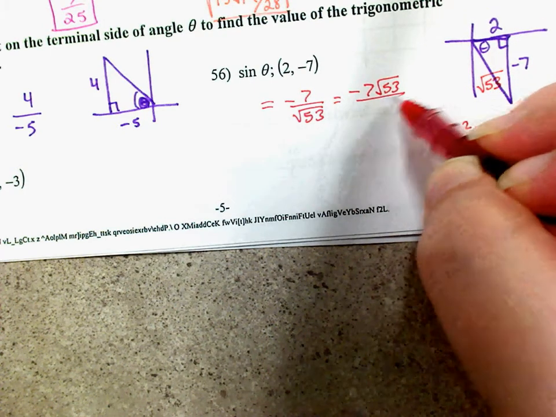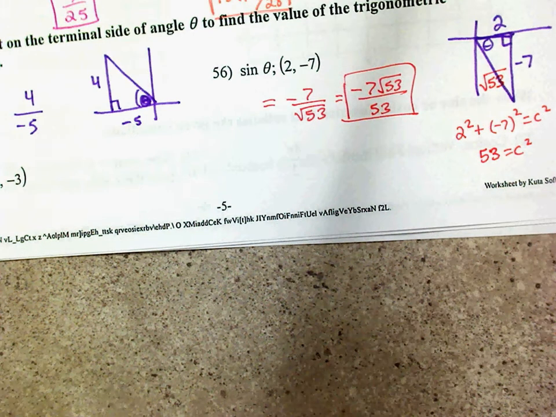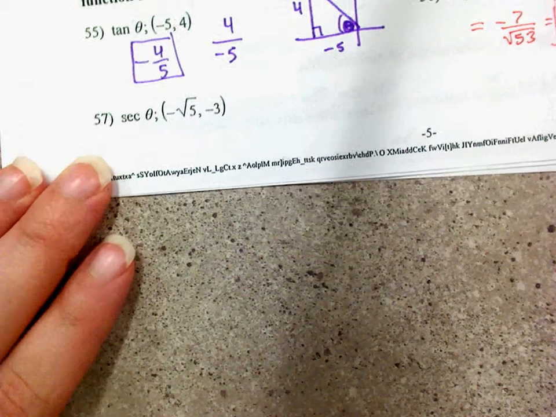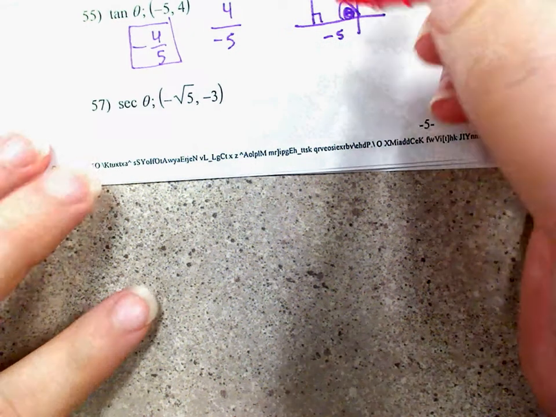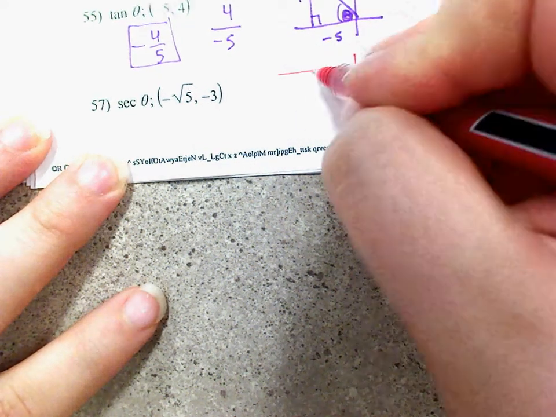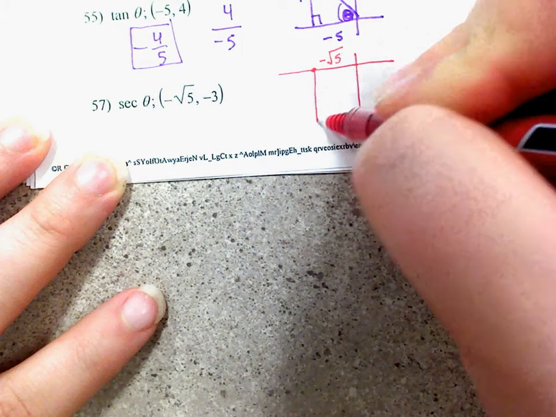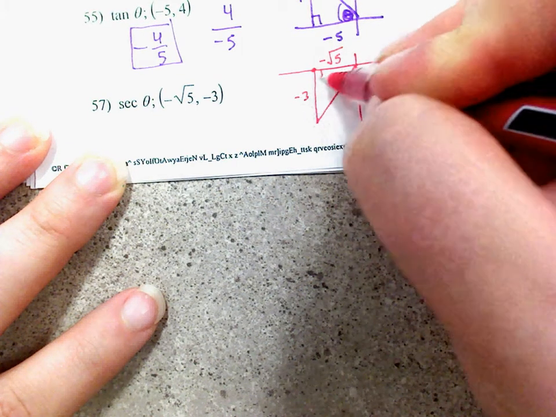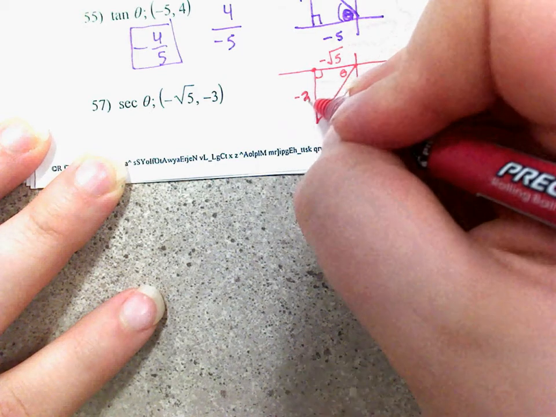Okay. Secant. What quadrant is negative square root of 5 and negative 3 in? Okay. So go left a negative square root of 5, and go down negative 3. For secant, do I need the hypotenuse?